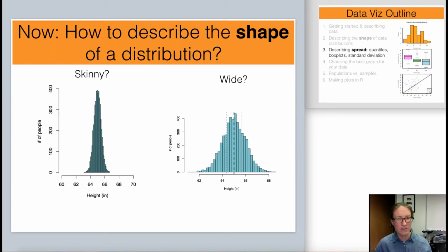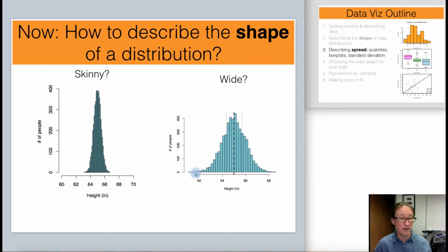And so now how do we describe the shape? And this goes a little further. So it could be that all of our measurements are really, really close together with each other. So here, all of our measurements of heights are somewhere between 64 to 66 inches. So they're very close together. And then in contrast, here is a wider distribution, right?